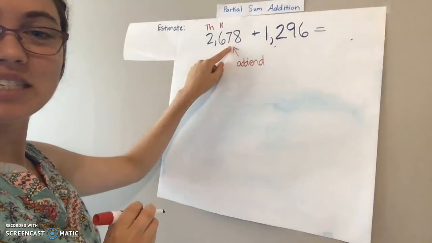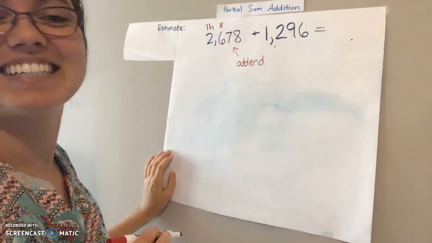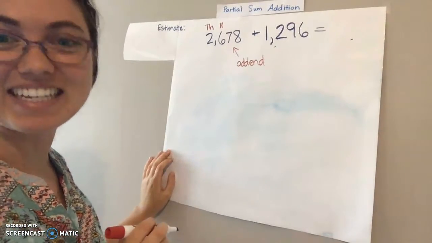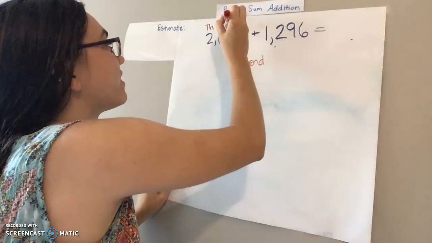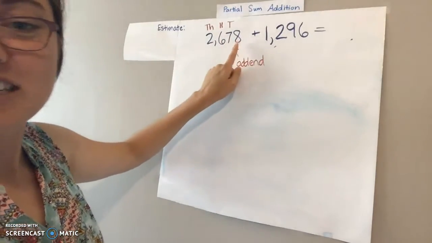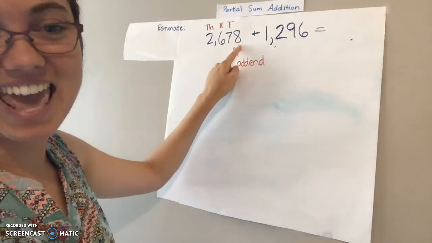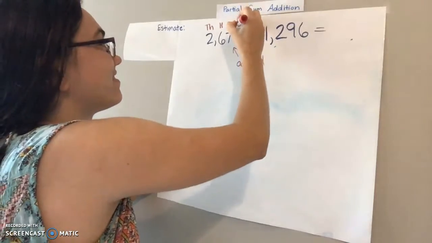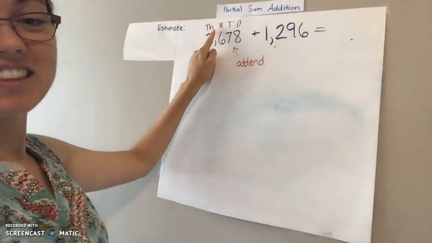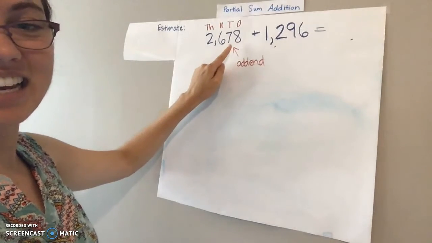What about in our tens place? 7 tens, which means it's a value of 70. And then in our first addend, the ones place has a value of 8. Thousands, hundreds, tens, ones in our first addend.